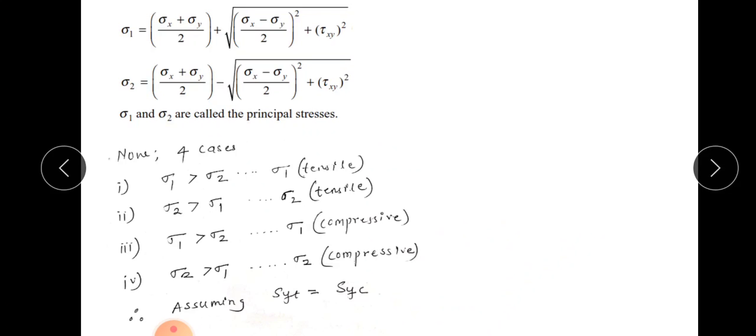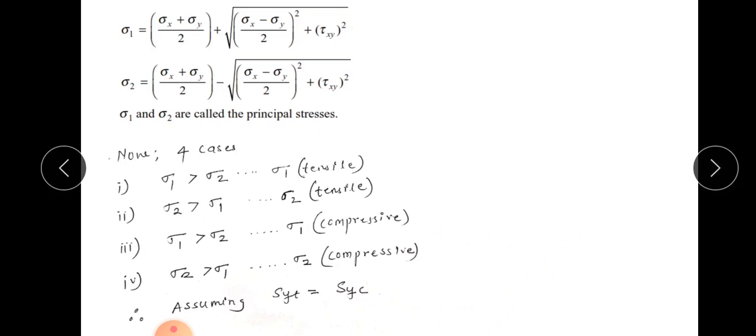now let us say that there can be 4 cases basically for the values of sigma 1 and sigma 2. Like there can be like stresses or there can be unlike stresses. Okay, so what are the 4 cases? Case number 1 can be sigma 1 greater than sigma 2, and sigma 1 is a tensile stress. The second case can be sigma 2 greater than sigma 1, where sigma 2 is a tensile stress.